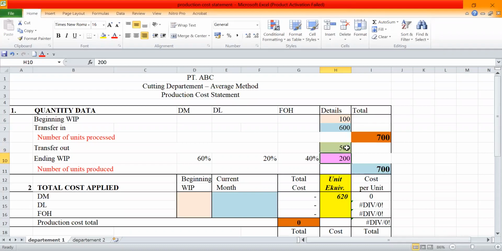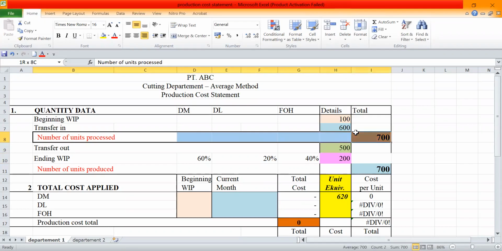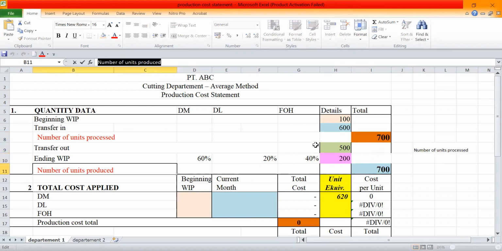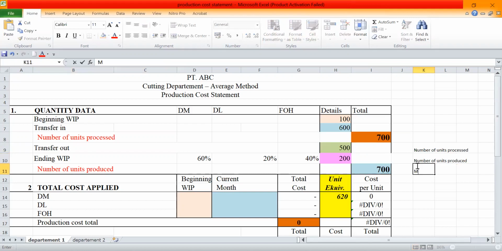Please take a look at the red color in here, the red color part about the total of the beginning work in process with the transfer in is 700, and then the total of the transfer out plus ending work in process is also 700. Please remember, guys, this number must be balanced. The number of units processed and the number of units produced must be balanced.